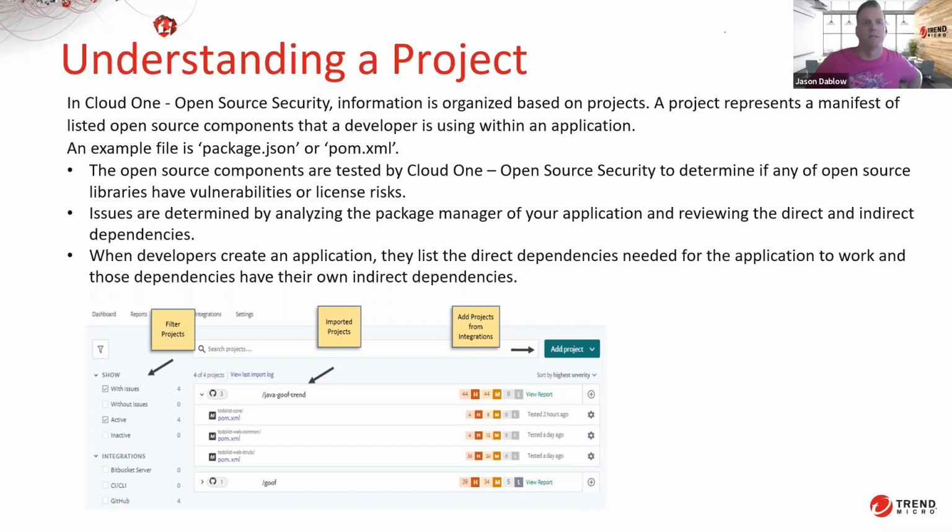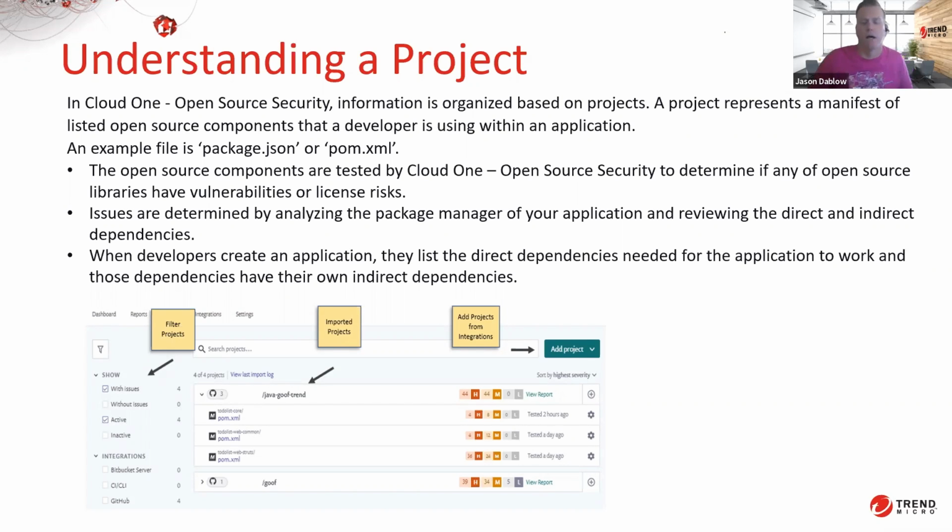A project lists all the open source components that a developer might be using within an application. The components are open source components tested by Cloud One Open Source Security, which looks specifically at those open source libraries for vulnerabilities and license risks, and then gives you visibility of what's happening within a particular environment.